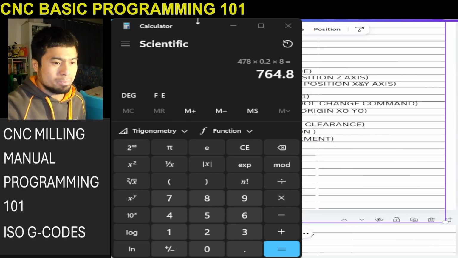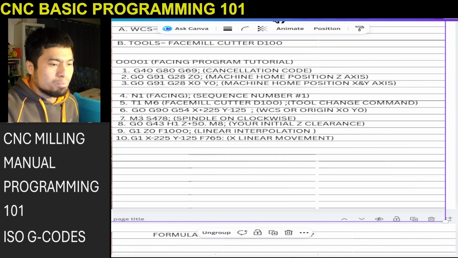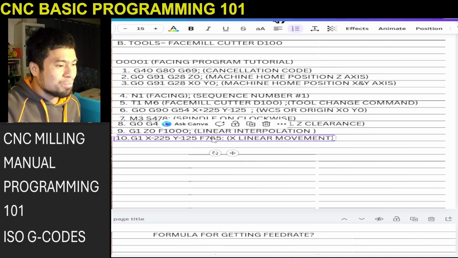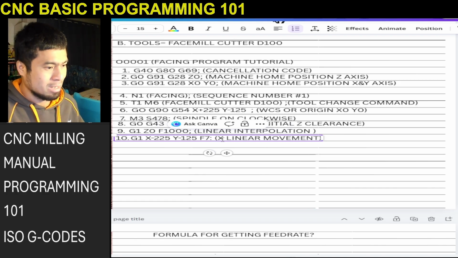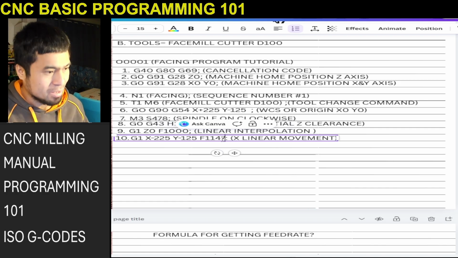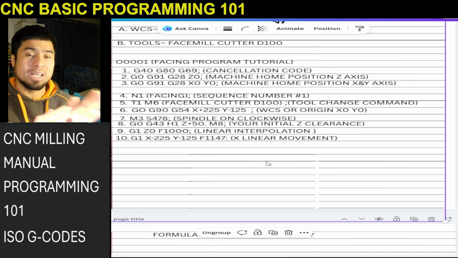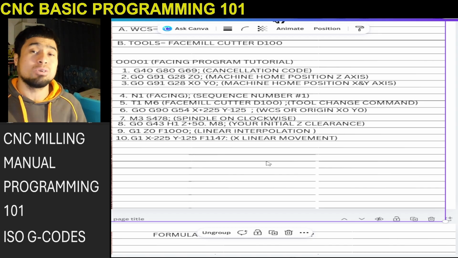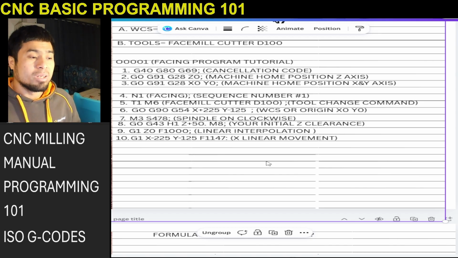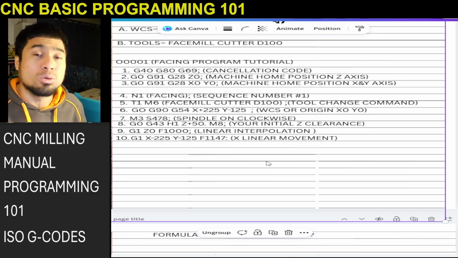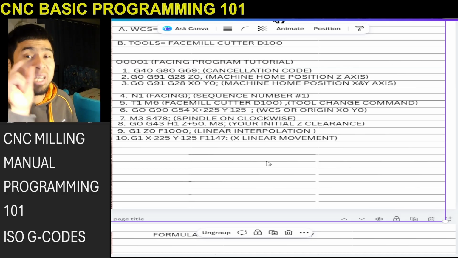We can put feed rate 1,147 here in this block, but make sure that you will not exceed that feed rate, because based on the manufacturer recommendation, 0.3 is the maximum feed per tooth that you can use on that specific insert.